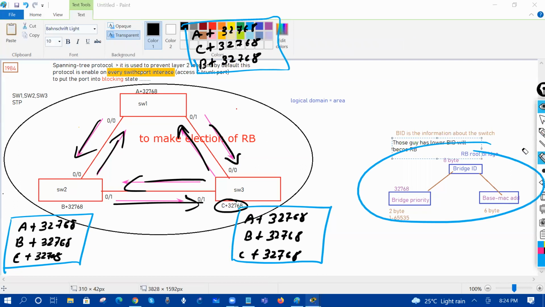Now tell me guys, who has the lower bridge ID? Switch 1, right? Switch 1 has the lower bridge ID information.